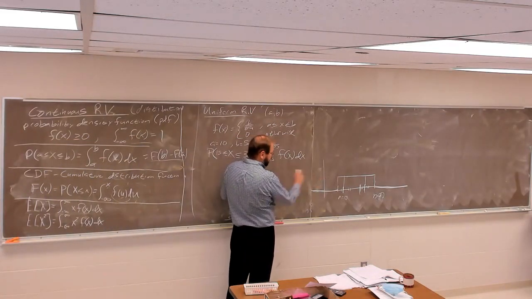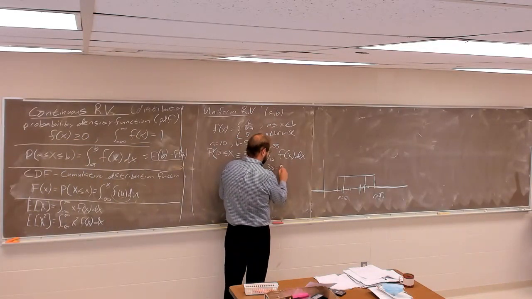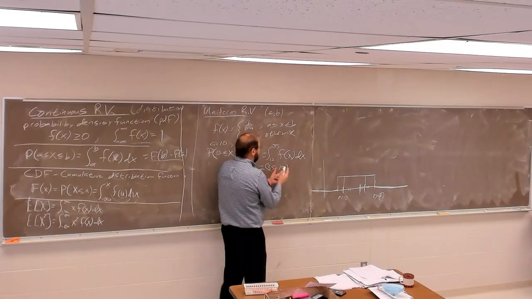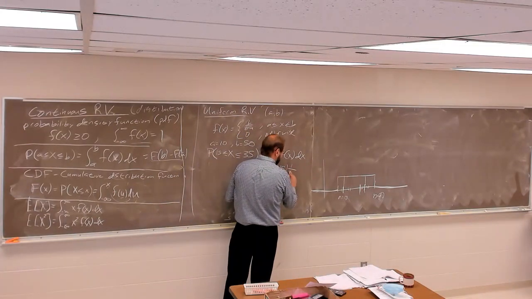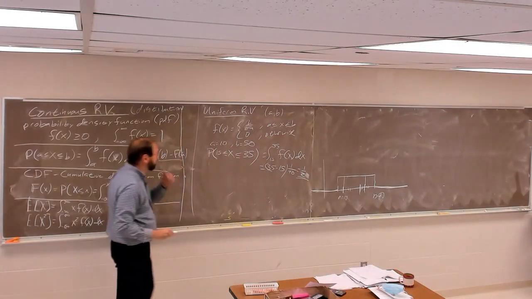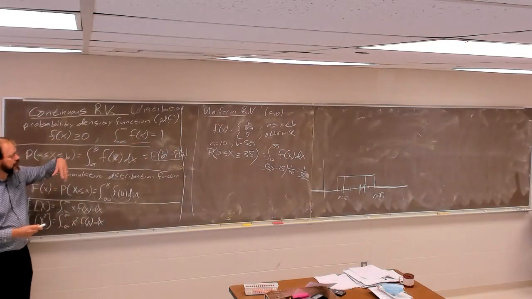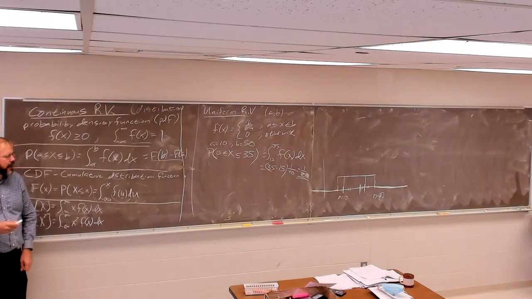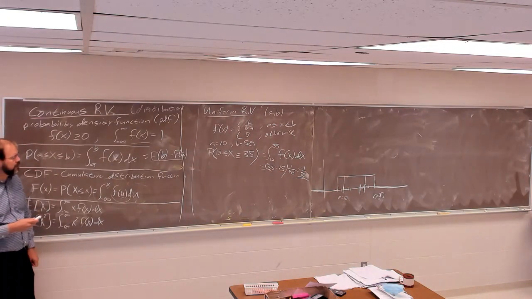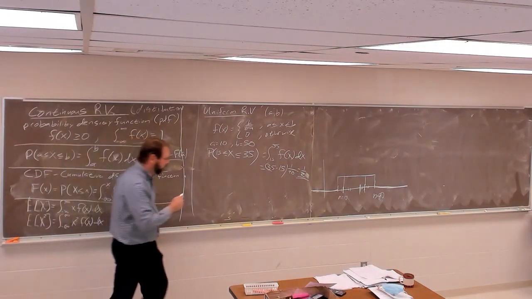The base of that rectangle is 35 minus 15, and the height of that rectangle is my 1 over 40. So I guess it's 1/2. So if I draw from this uniform random variable, then the probability I ended up between 15 and 35 would be 1/2, is what that says.